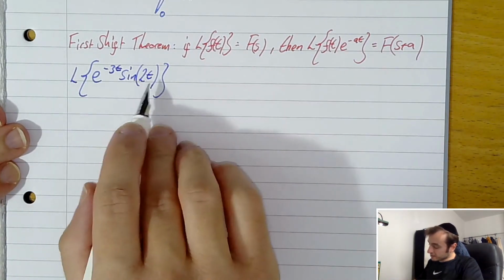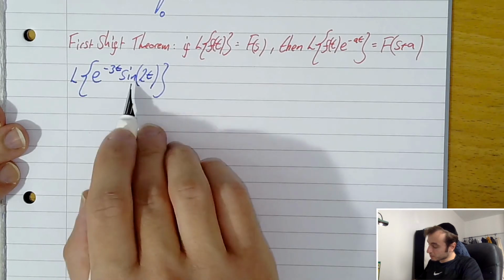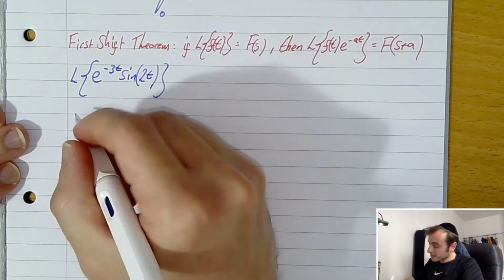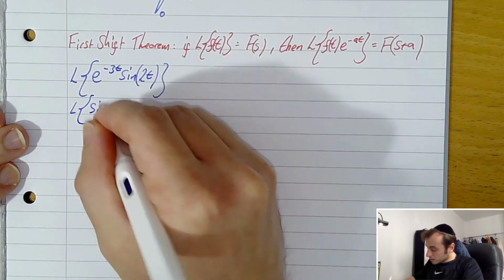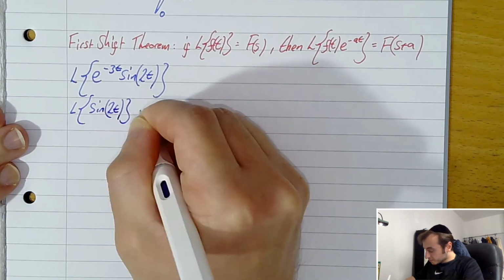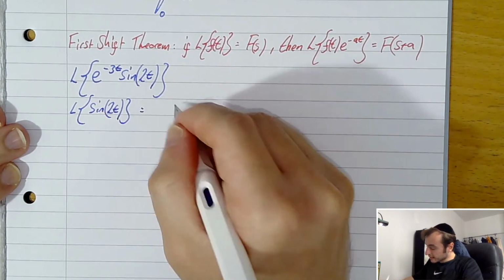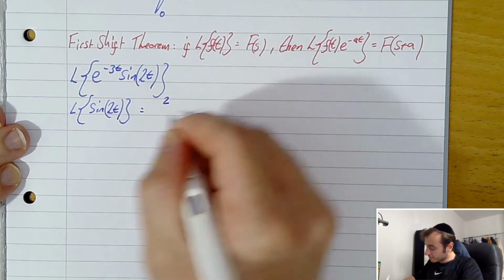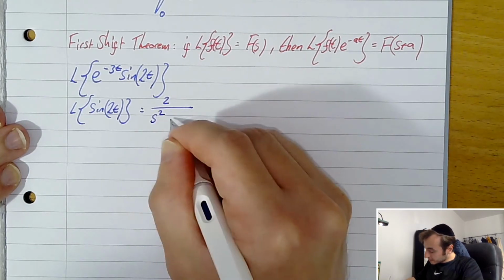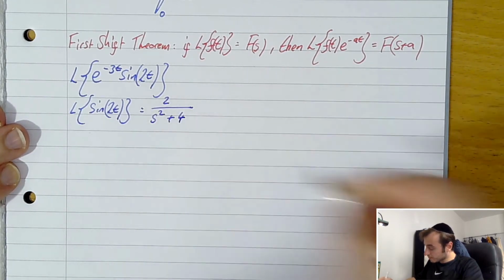So the first thing to note is the simple thing. What do we know? We'll assume that f of t is sine 2t here. So we can say that the Laplace transform of sine 2t equals 2 on s squared plus a squared, where a in this case is 2, and 2 squared is 4.